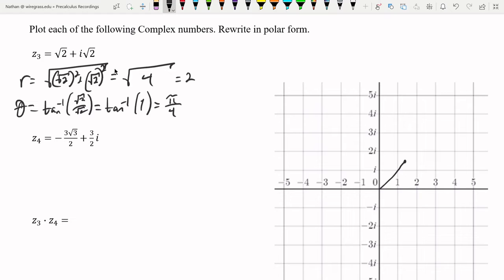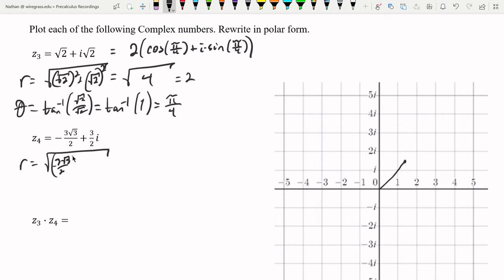Okay, so this is the same thing as the radius times cosine theta plus i sine theta. All right, first one's done. Let's look at the second one. R equals the square root of x squared plus y squared.